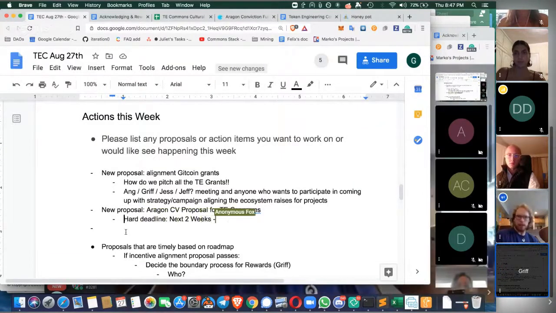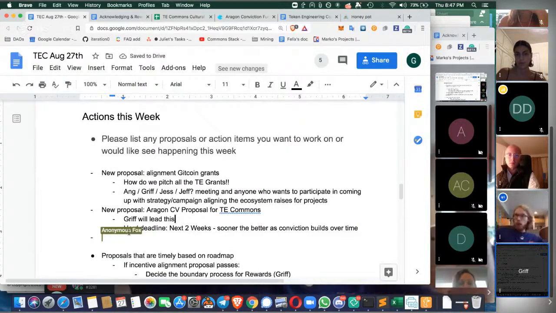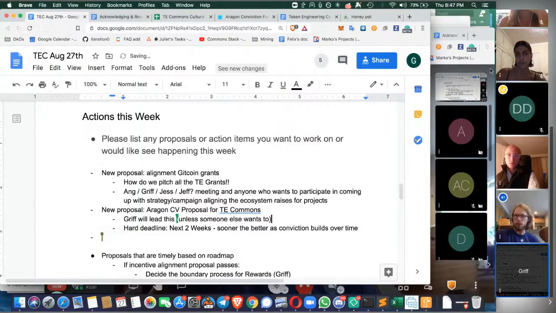Yeah, I would say if that's an interest of the community, getting it up this week would be great, because it's only a 6-week pilot, and conviction voting as an ongoing algorithm is quite different from a 6-week pilot. So the sooner the better for funds through the conviction funding pilot.